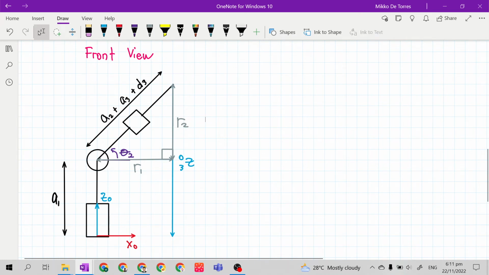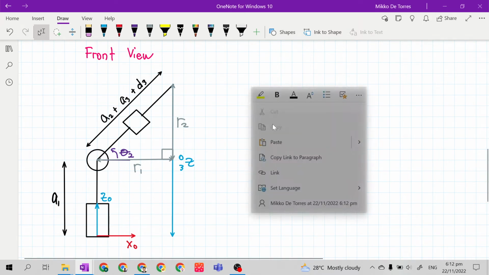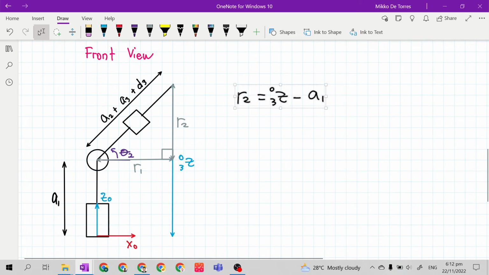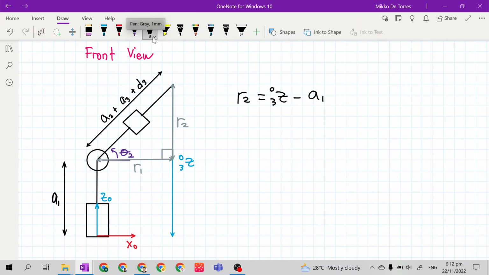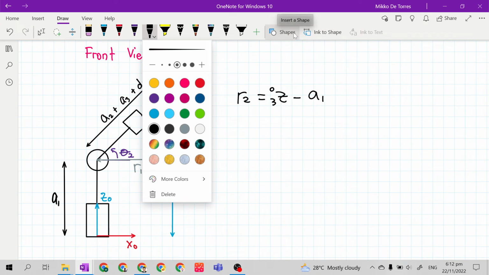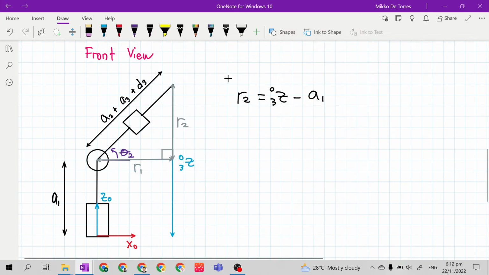So if we arrange it, R sub 2 equals Z03 minus A sub 1. This is still not a solution to find the joint variable, but we need it for our right triangle. This is R sub 2. Z03 is given, A sub 1 is given.